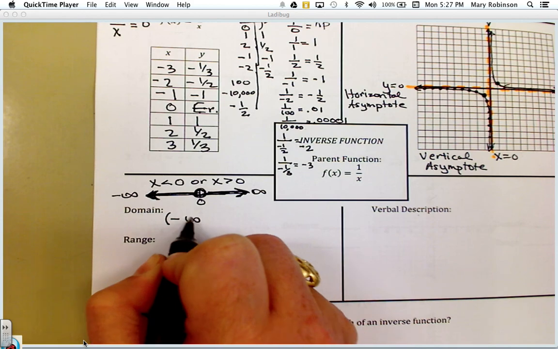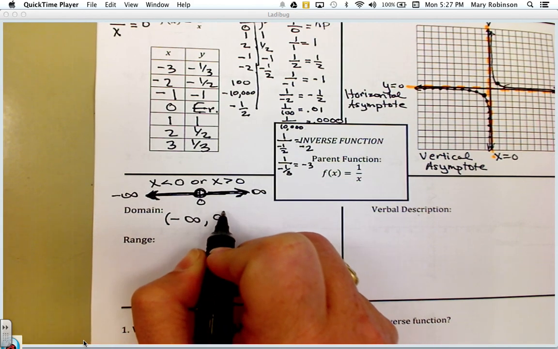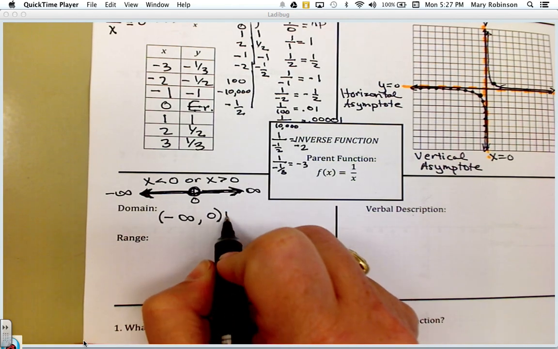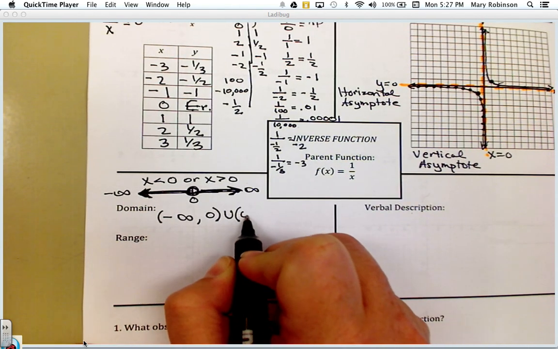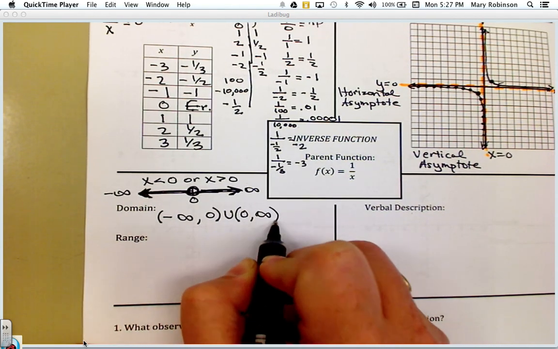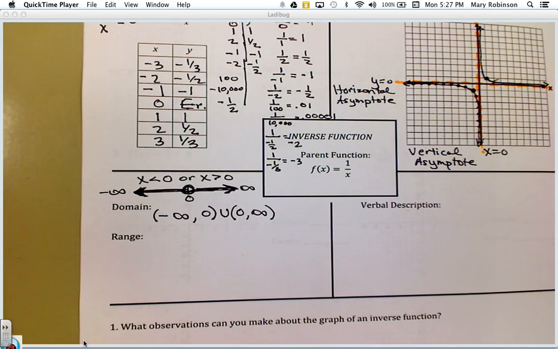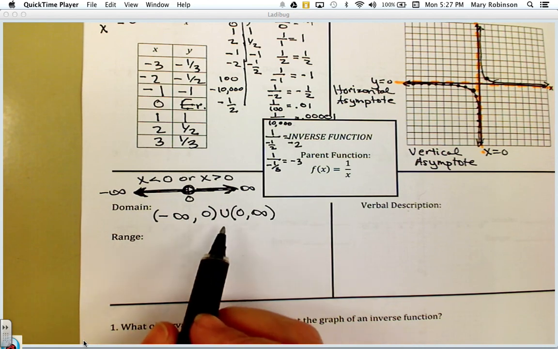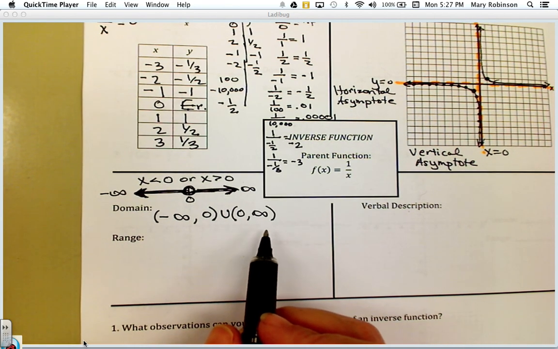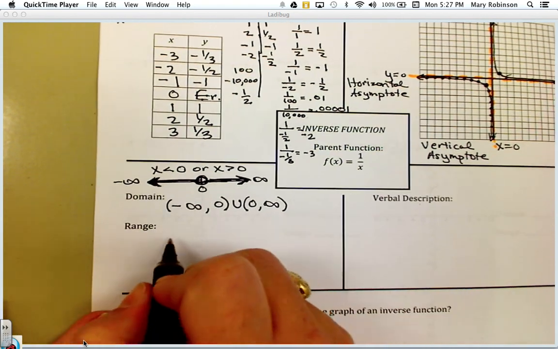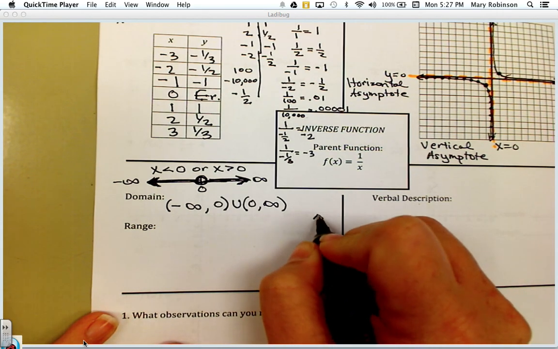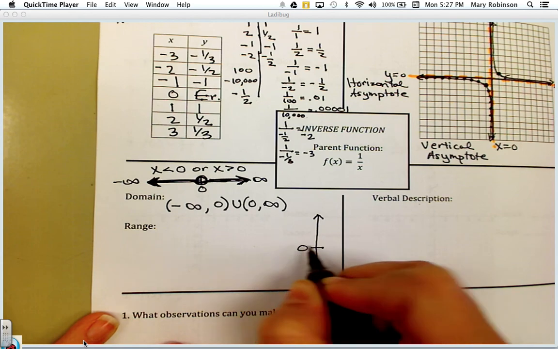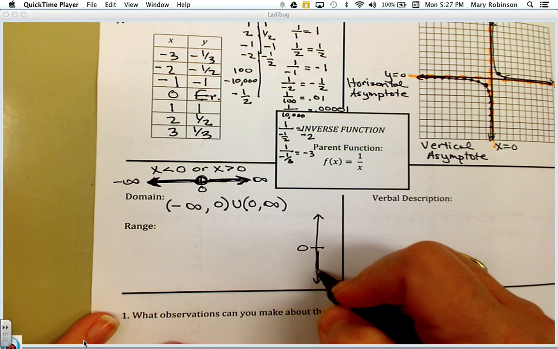Your domain exists from negative infinity up to and not including 0, so we use 0 exclusive, union, but then it picks up after 0 and continues on to infinity. So our domain would be negative infinity to 0 exclusive, union 0 exclusive to infinity. Our range, if we were to think about that similarly with our y-axis, our graph exists everywhere except 0 also.